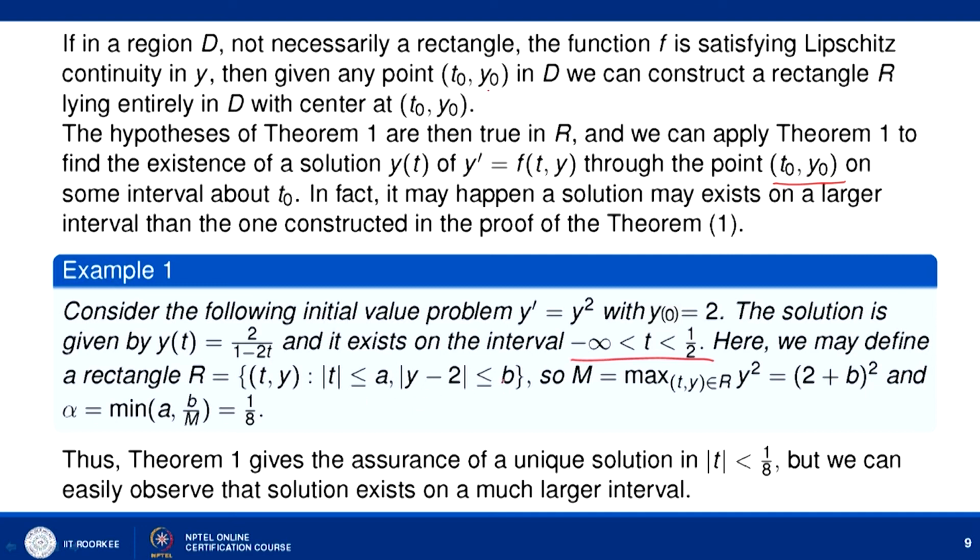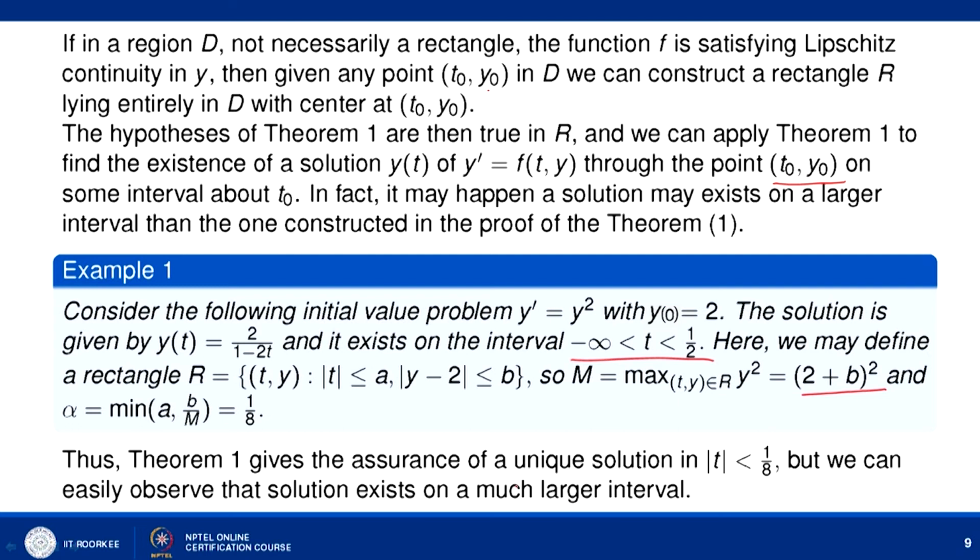Here the maximum value of y square is 2 plus b whole square. So M is the maximum of y square over (t, y) in rectangle R, and that is 2 plus b whole square. And alpha, which is defined as the minimum of a and b by M, is given as the maximum value of b by M.